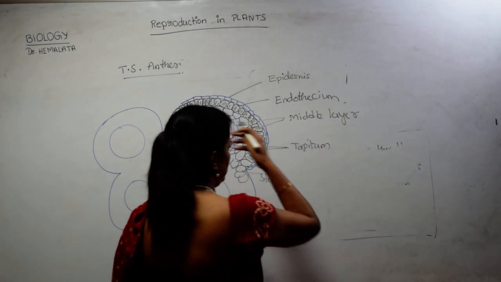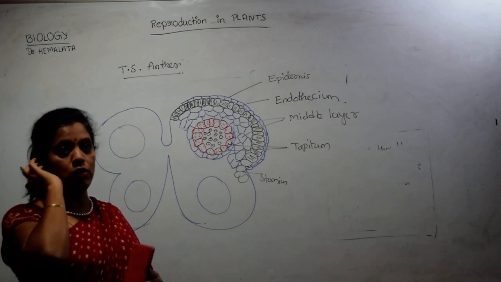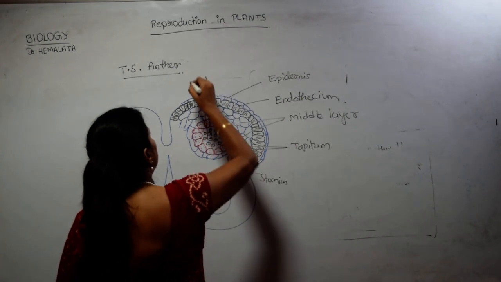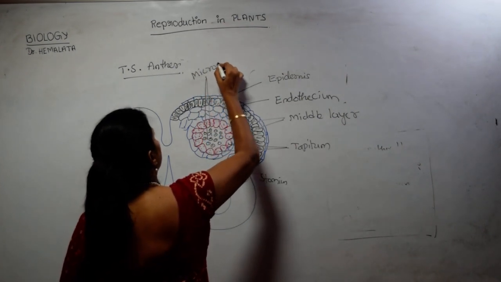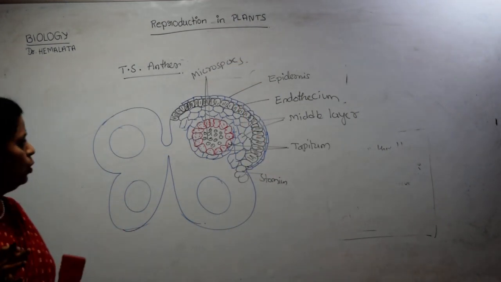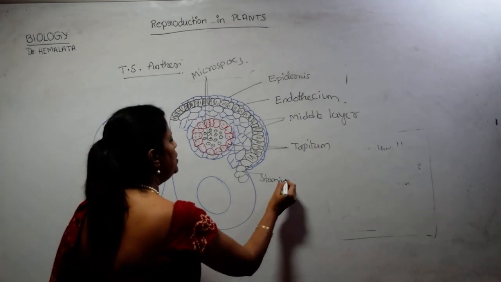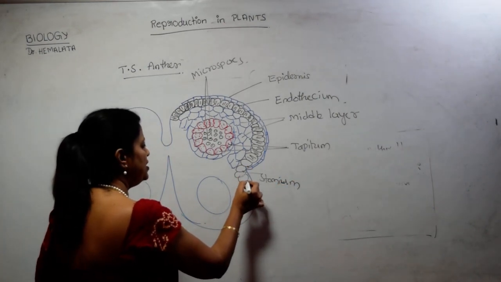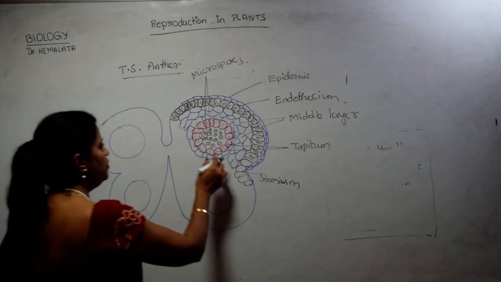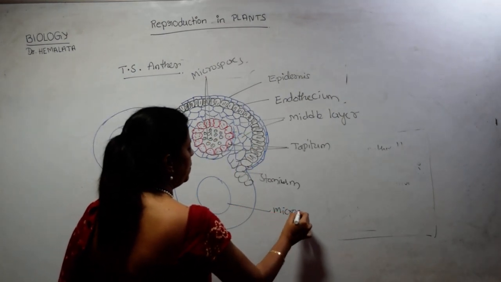Tapetum provides the nutrition, and also they are multinucleated, they contain Ubish bodies, help in the production of sporopollenin. And within this, whatever you are getting, these are the microspores or pollen grains. Okay, this detail you have to show, and at least one you fill it up. And this I told you stomium. This don't contain any thick wall cells, because at this area it may break open. Right? So this is one of the microsporangia I have drawn. This is another microsporangia.